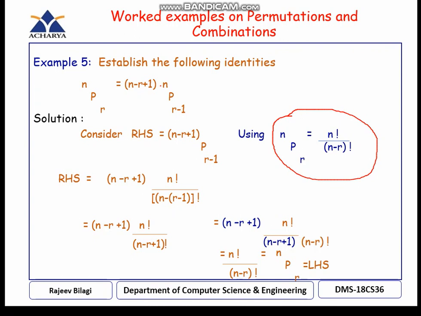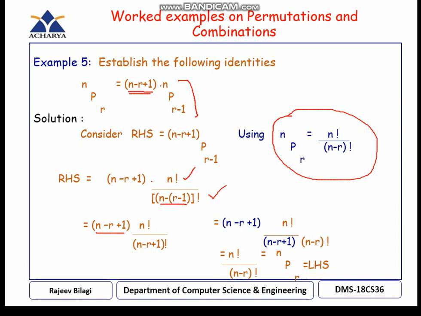With this, (n - r + 1) is already there, I will keep it as it is, and here I will apply the rule. That is n factorial divided by (n - (r - 1)) factorial, so n minus r, minus of minus plus 1.